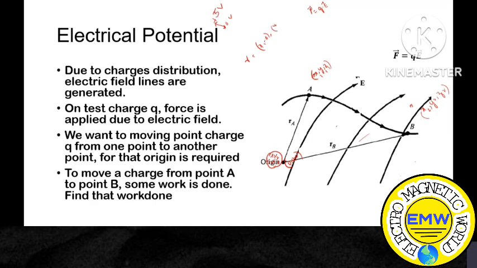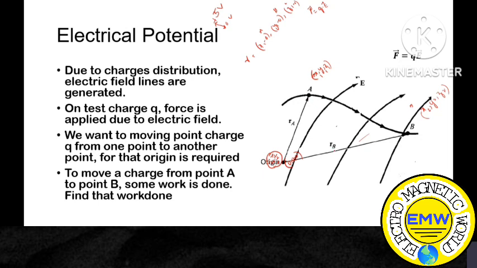This will be in the x direction, this in the y direction, and this in the z direction. And to find the distance vector, you can easily calculate it by subtraction: RB minus RA.